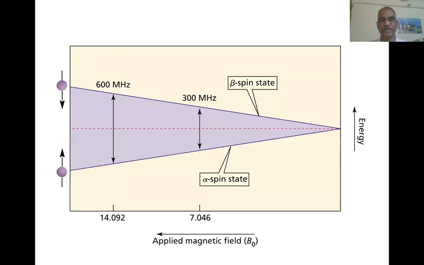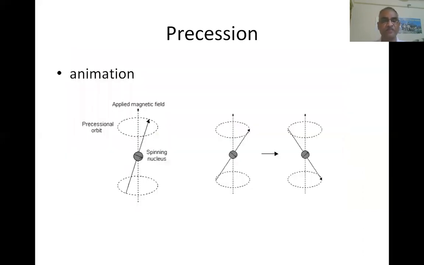Here you can see that the higher the frequency, the higher the field that is required. The gyromagnetic ratio gamma, which is characteristic of the nucleus, remains constant. This is the precession of the nucleus. The nucleus is precessing under the influence of the external magnetic field.